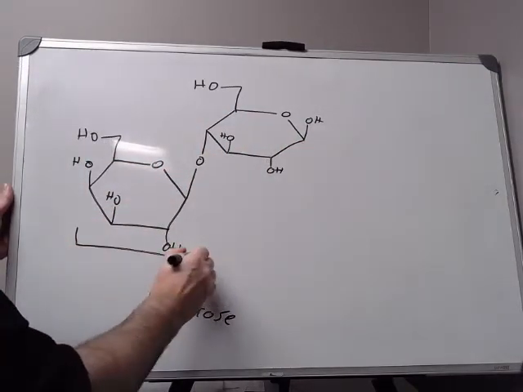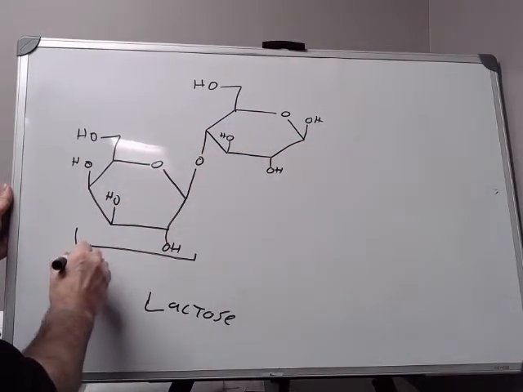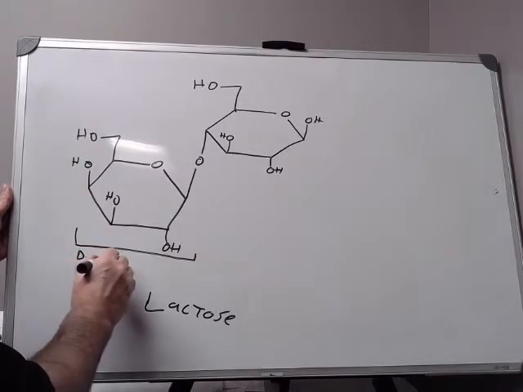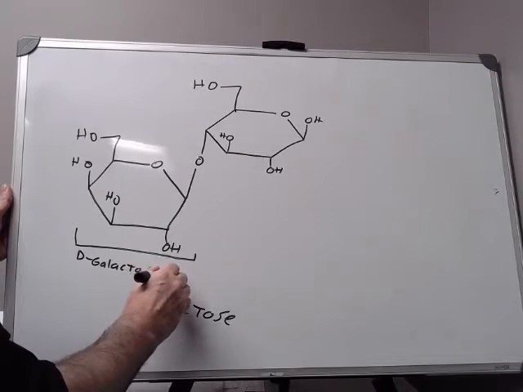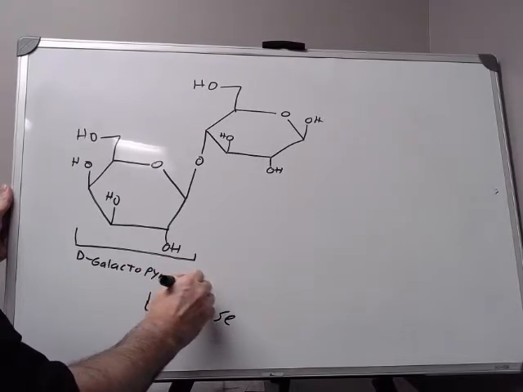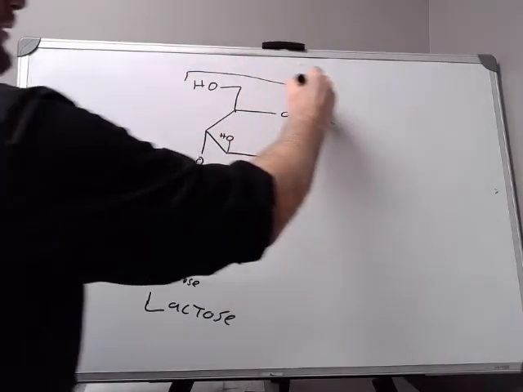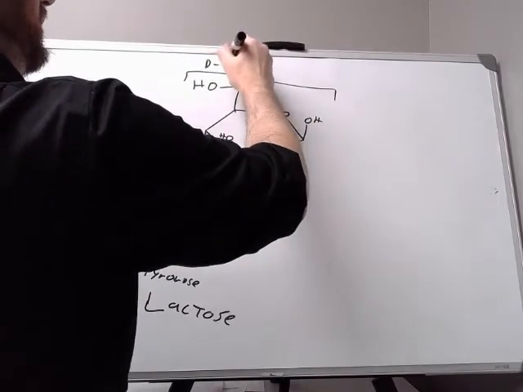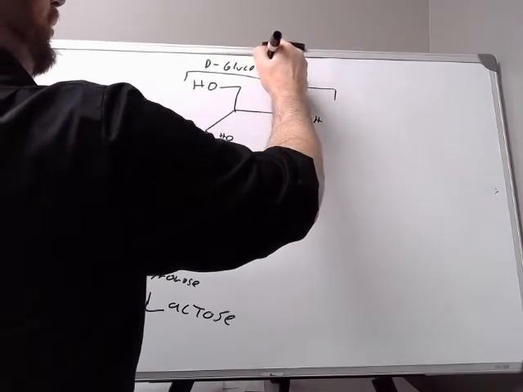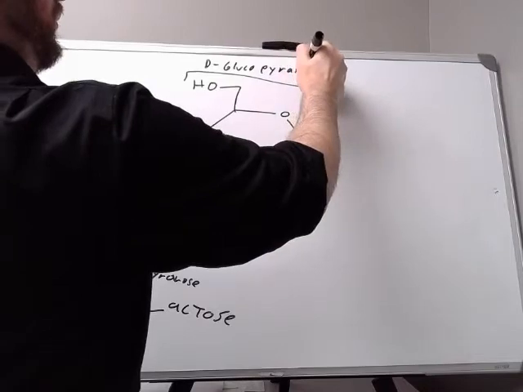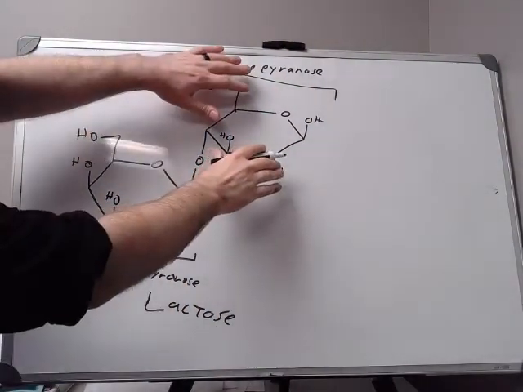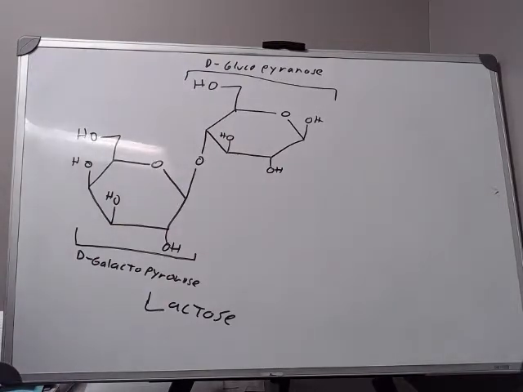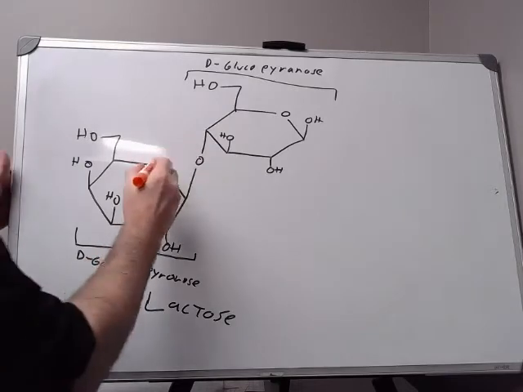So this is the D-galactopyranose, and this will be D-glucopyranose. So this is our galactose, and this is our glucose. Again, we join these through an acetal group.